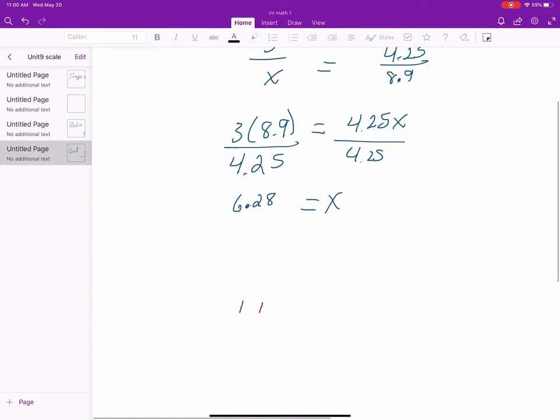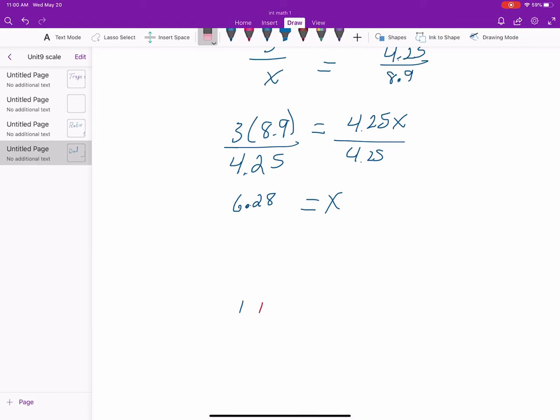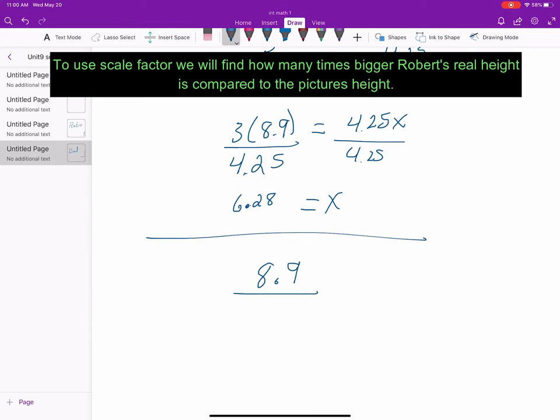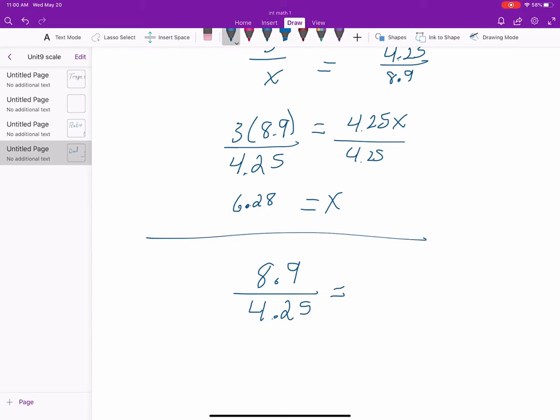Now, you could also use scale factor on it if you wanted to. So it really doesn't matter which way you do it. You could use either way. How could you use scale factor? Well, we could look at the 8.9, which is what Robert was, divided by 4.25. This is going to give me the scale factor between what was in the image and what's real.